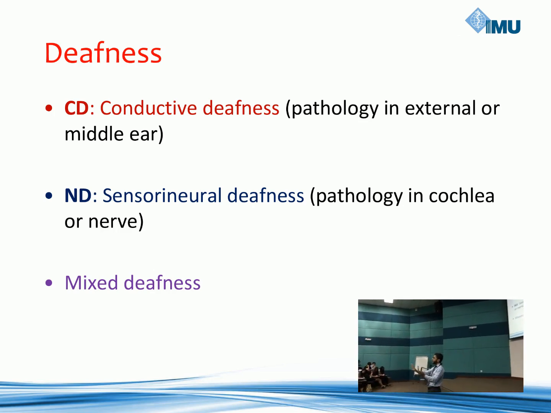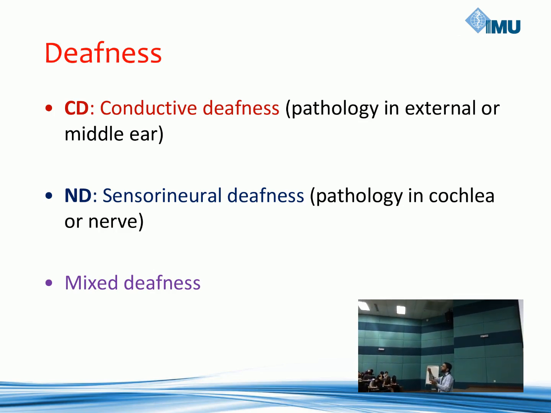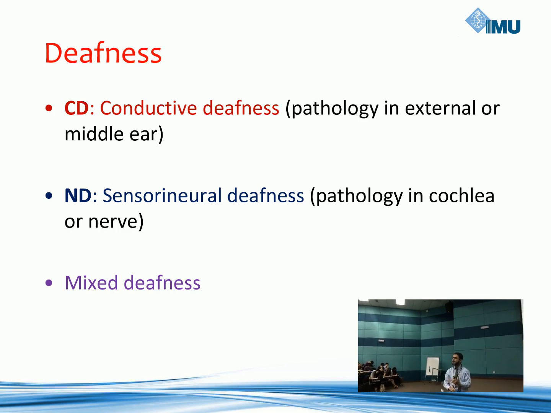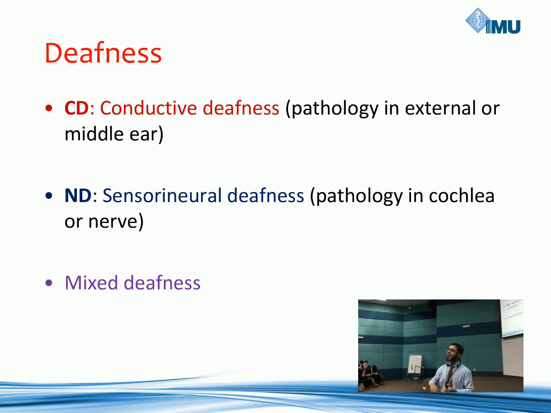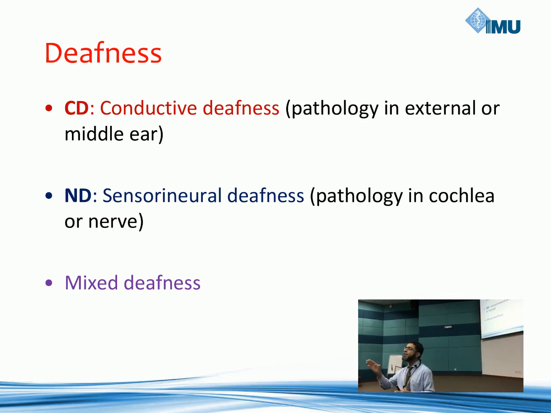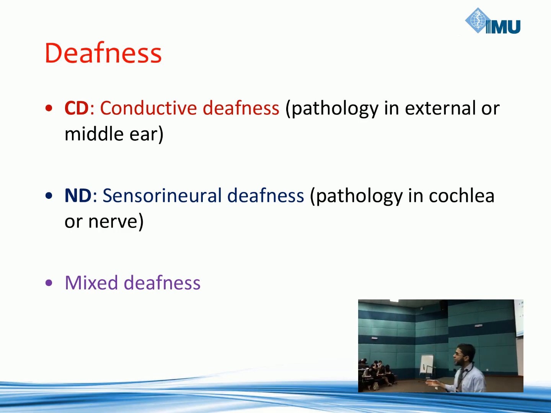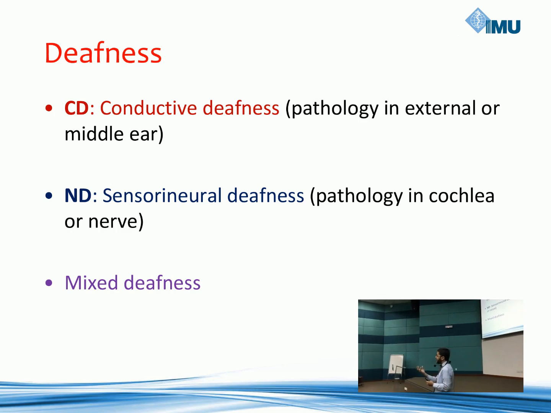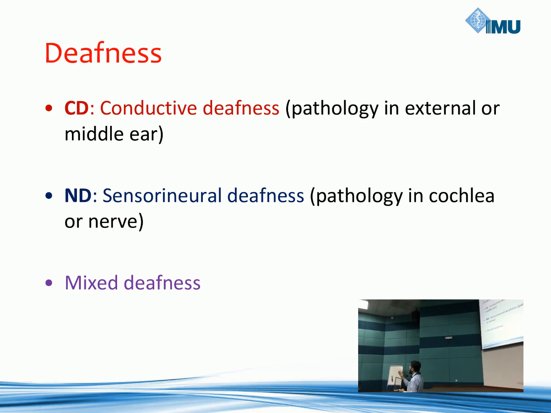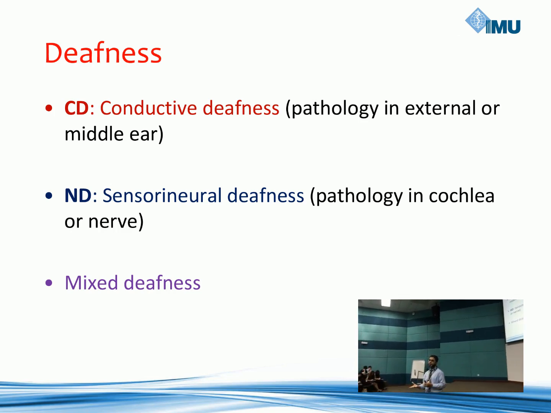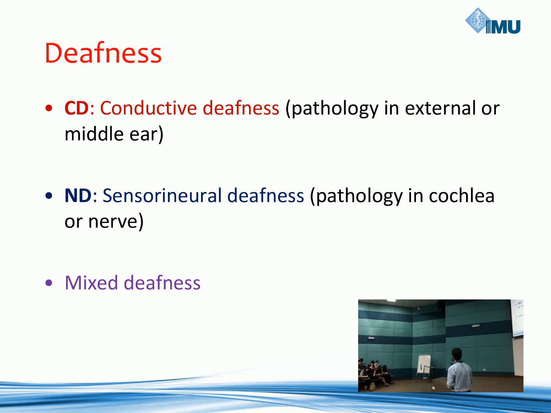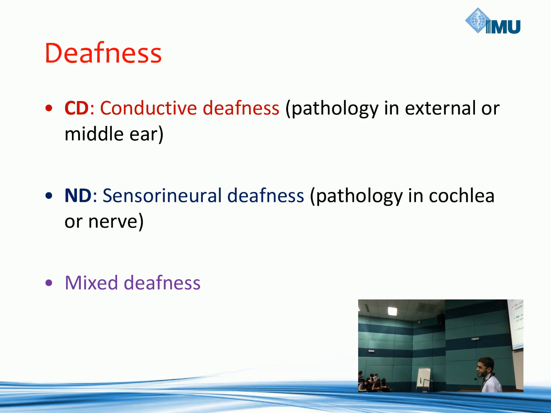The cochlea is fine, but sound is not reaching the cochlea. The second one is called neural deafness or sensory neural deafness, in which case the cochlea itself or the auditory nerve itself are not functioning. Okay? And there could also be mixed deafness.